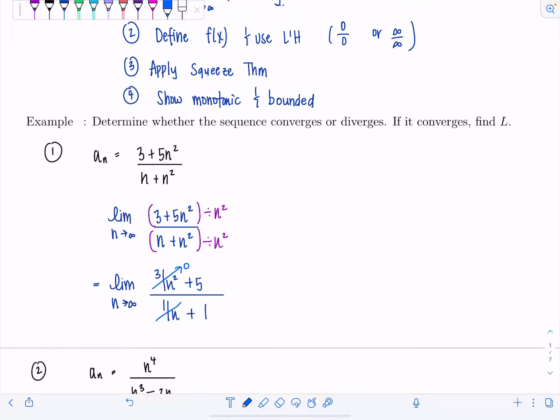And then 1 over n also approaches 0. So all we're left with is 5 over 1, which is 5. So that's my limit L. That's a finite number, so that tells me that this sequence converges. And that's it.